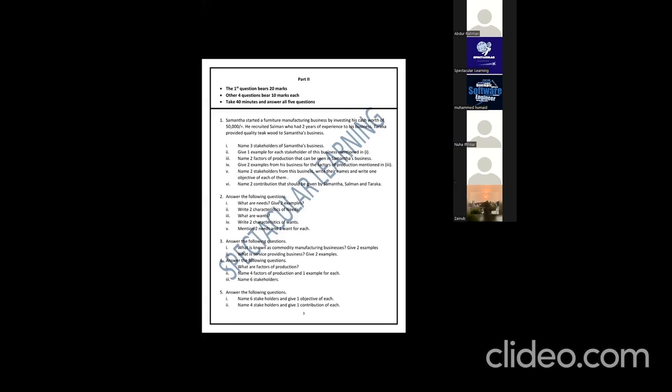What else? Capital. Okay. Now capital and land. Then the fourth question is give 2 examples from his business for the factors of production that you mentioned in the third one. So you all mentioned land and capital. So give me an example for capital from his business.